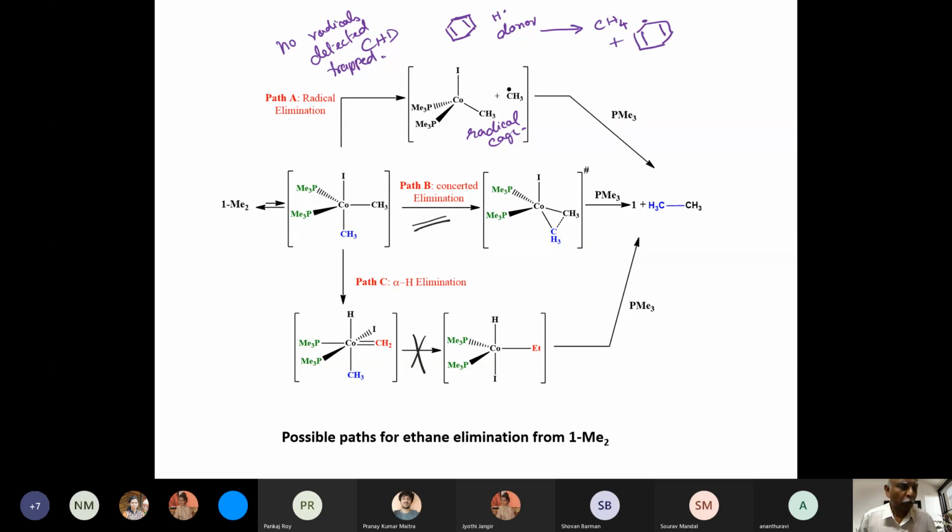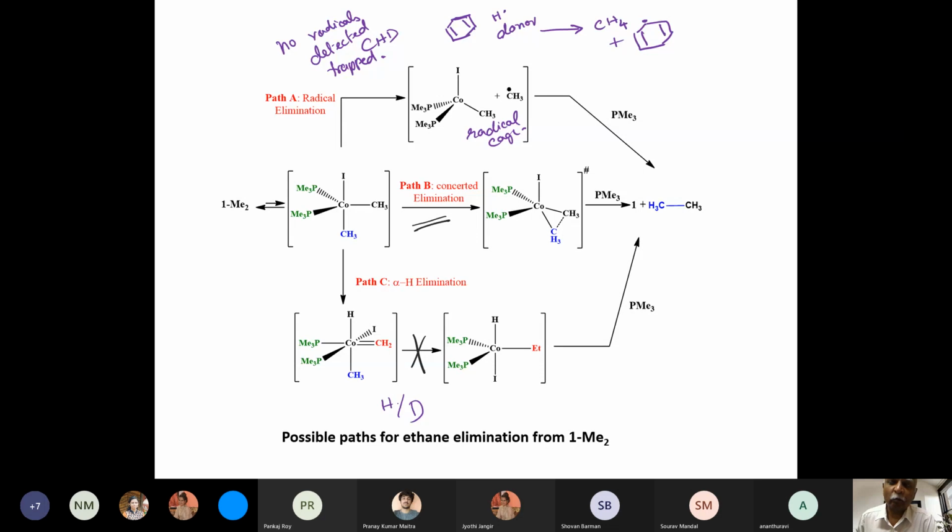Okay, so the concerted elimination is one pathway. The hydrogen versus deuterium reaction was done. So that seems to eliminate this pathway, because here a couple of places, the CH bond has to be broken, the COD bond also has to be broken. So both ways, one of them would have an effect.